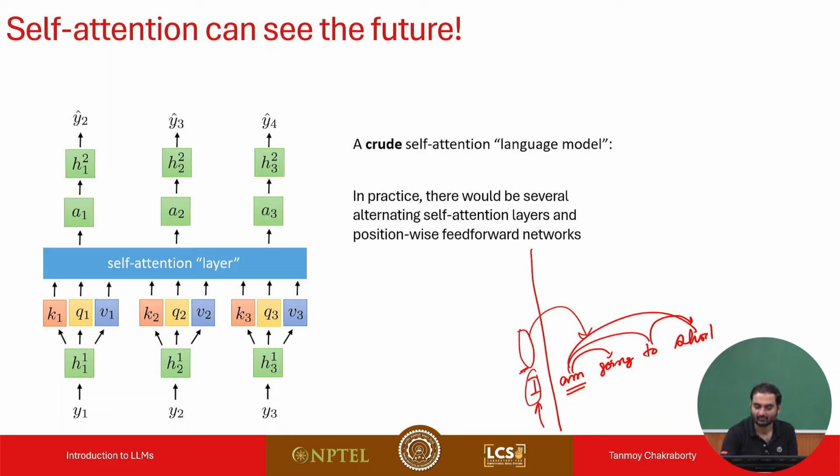So this state will not know what is going to come at the second position, the third position, the fourth position, and so on. A hidden state of a decoder will not have access to the future hidden states.